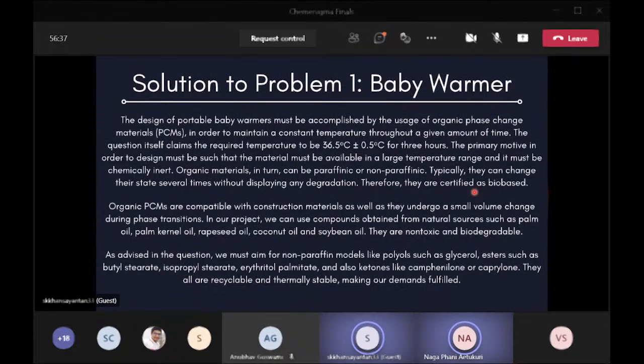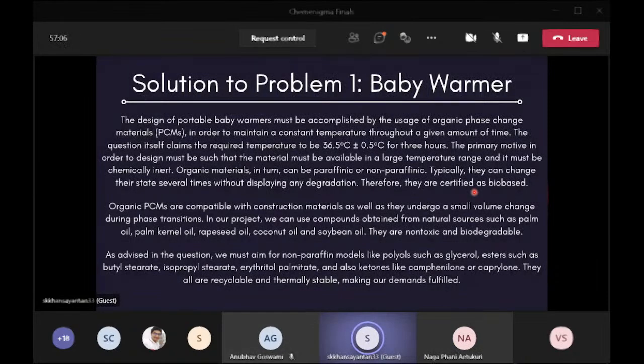Okay, are you confusing thermal stability with phase transition temperature? Because remember, it has to be within that narrow range of 1 degree centigrade for 3 hours. So how do you foresee this design of yours will meet those metrics?